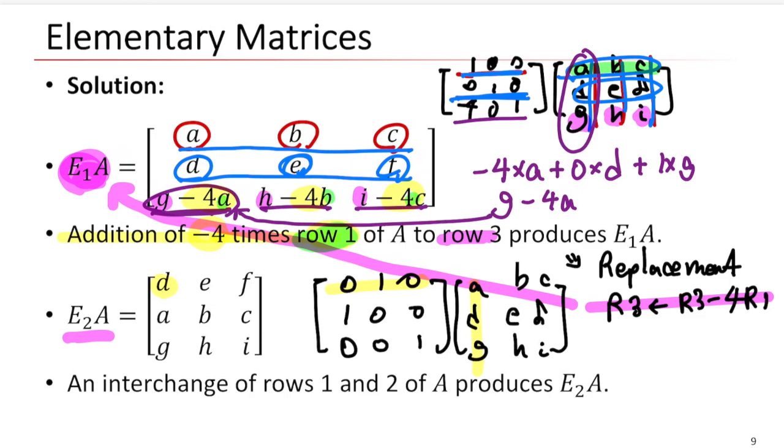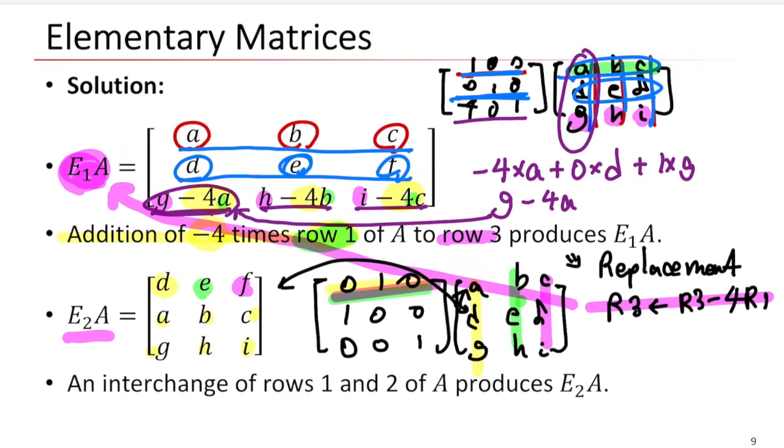So this is the D. This value is this one times this one. So this is E. So F, right? So we can compute this one. So what is that? This is the interchange between this one and this one, right?